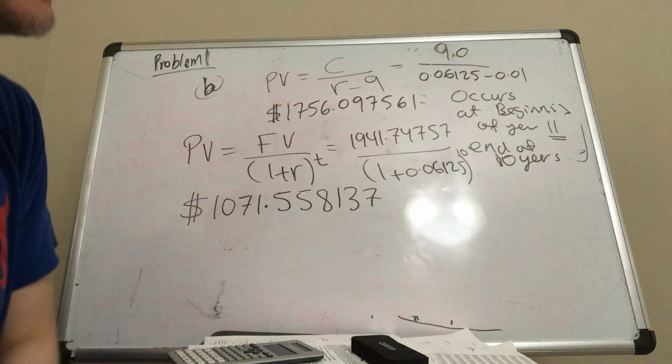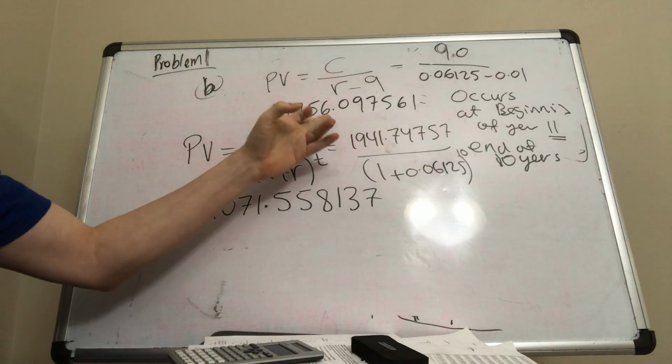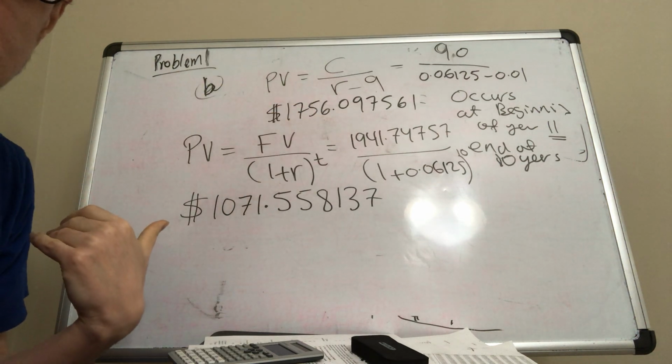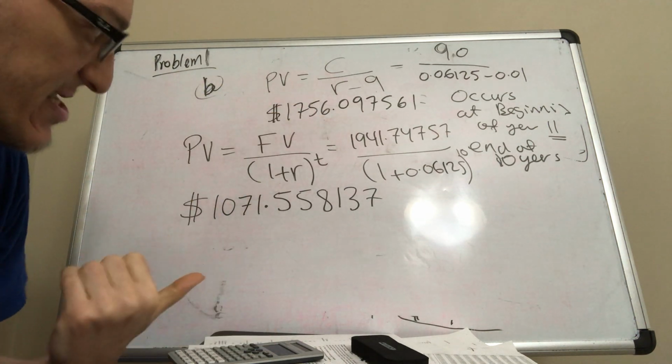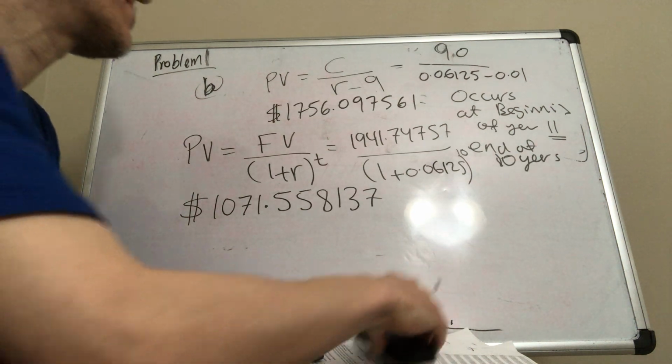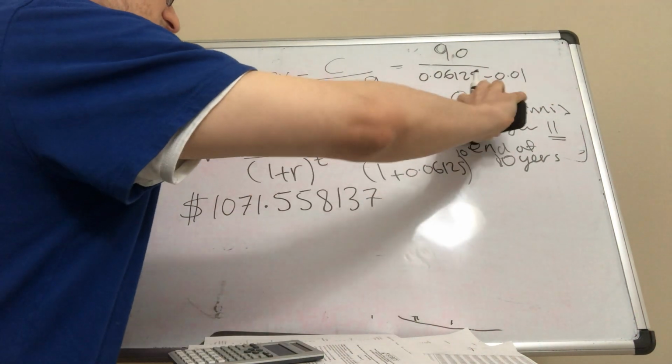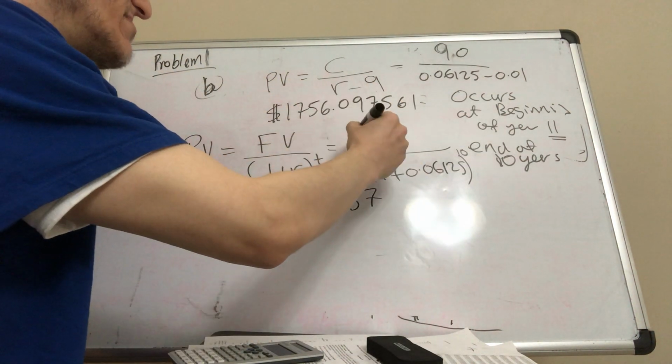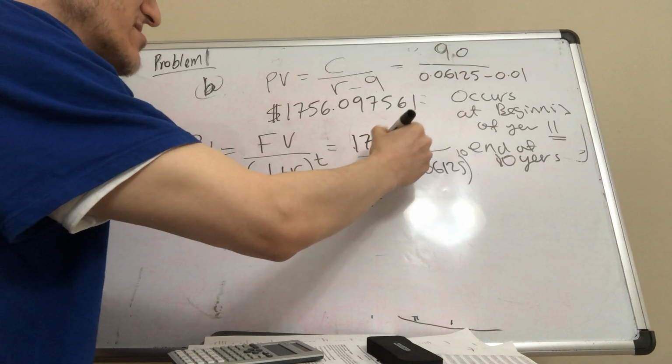First cash flow after 11 years, so we need to bring this back 10 years again because it's the end of 10 years. So it's the same formula, same everything, so only this amount is the amount we're bringing back.